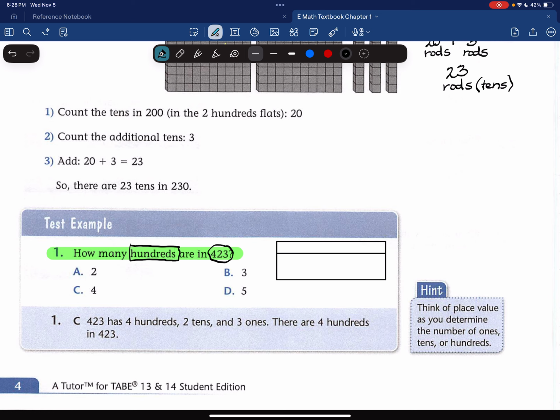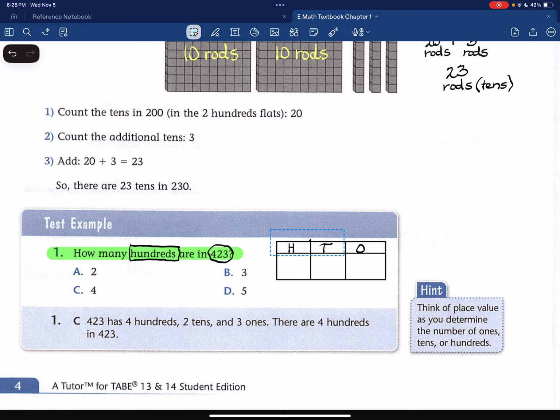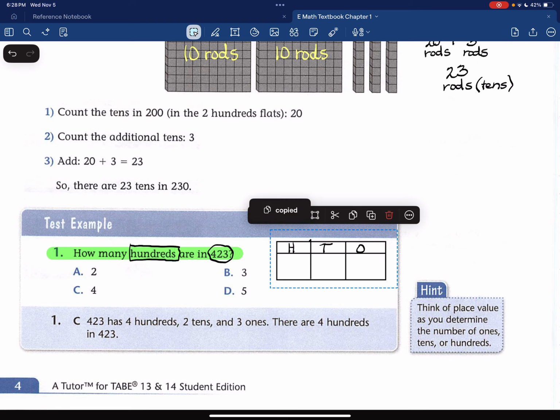And I think rather than have you sit and watch me keep drawing this, I'm going to take a picture of this one. When I get it drawn, there's 100, 10, and 1. So let me take a picture of this, and I won't have you sit and watch me do that over and over.